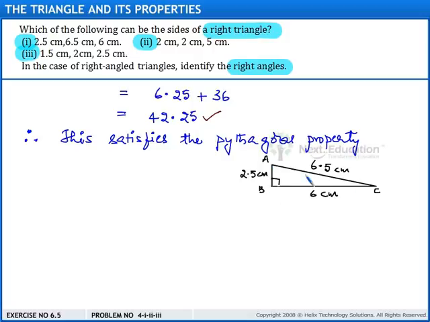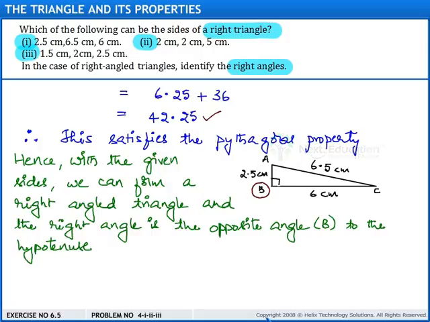In this triangle ABC, the right angle is located at B, which is the opposite angle to the hypotenuse. Hence, with the given sides of the triangle, we can form a right angle triangle, and the right angle is located at the opposite angle to the hypotenuse. So this completes the first part of the problem.